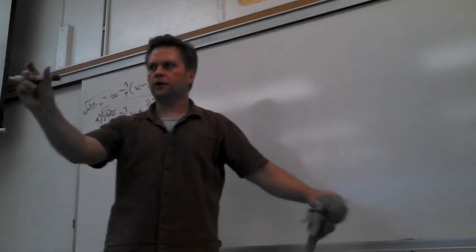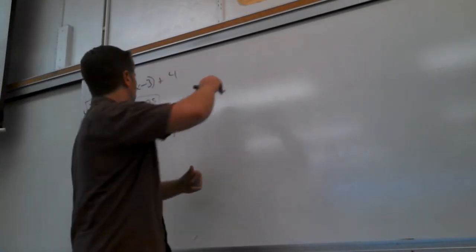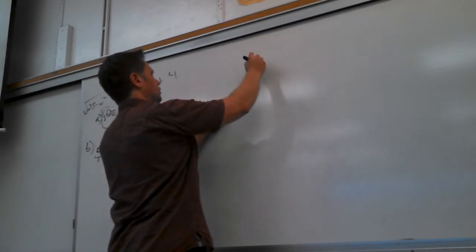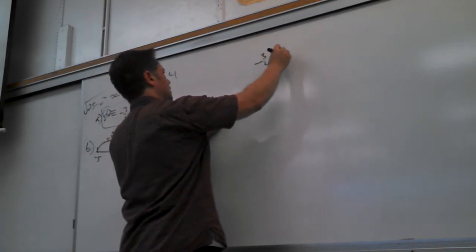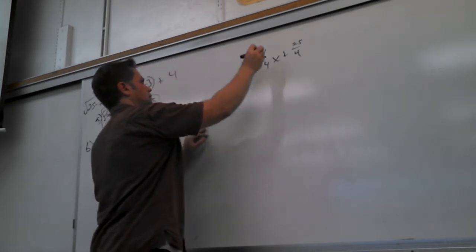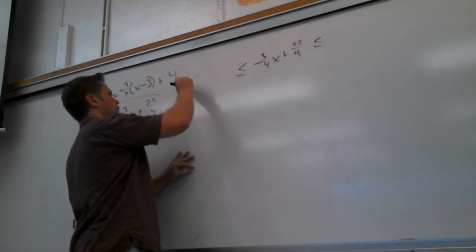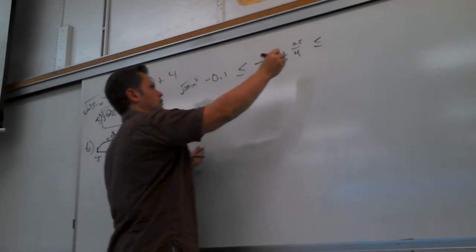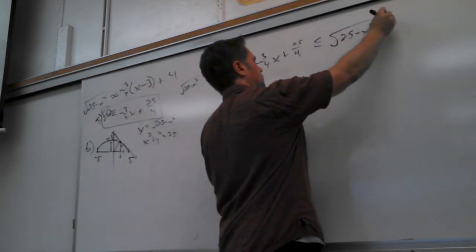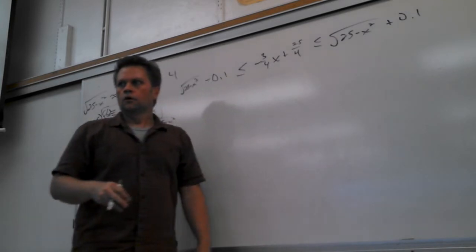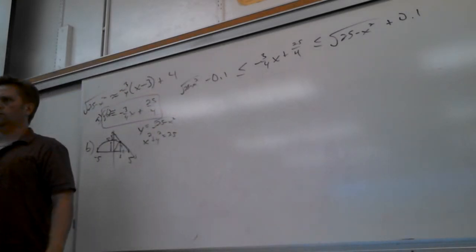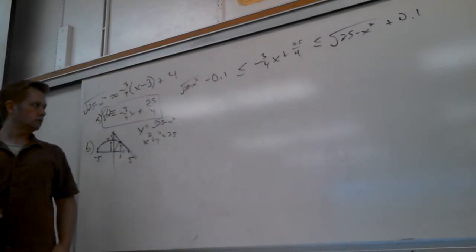You just have to be careful about getting the window to show you what you need to see. So this is where we want to know this guy is in between root 25 minus x squared minus 0.1 and root 25 minus x squared plus 0.1. Let's see where it's contained.